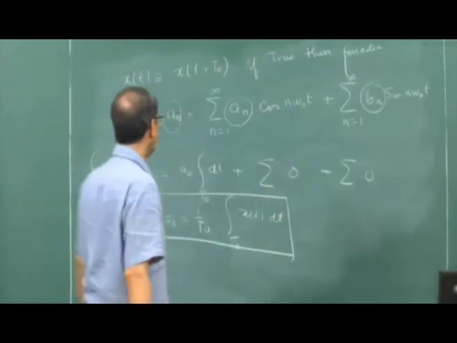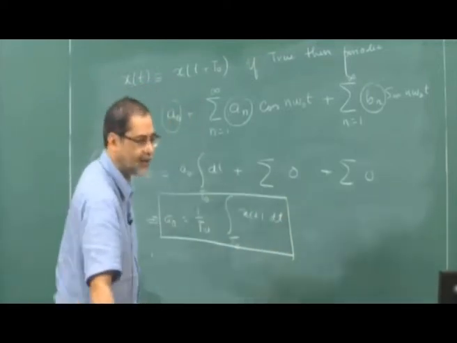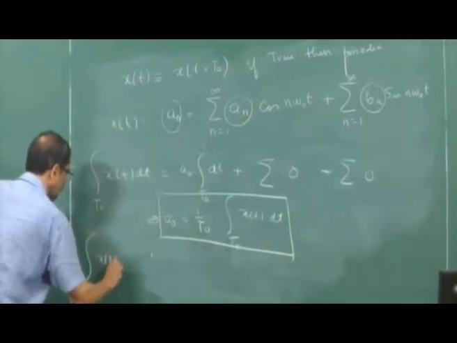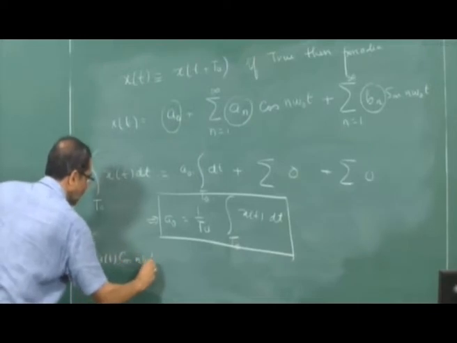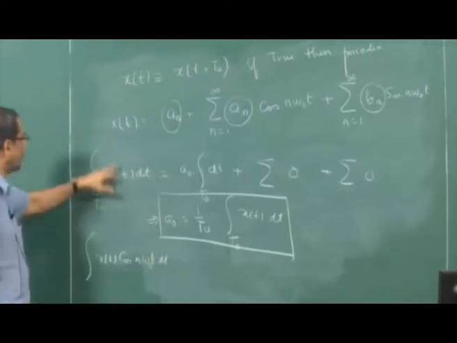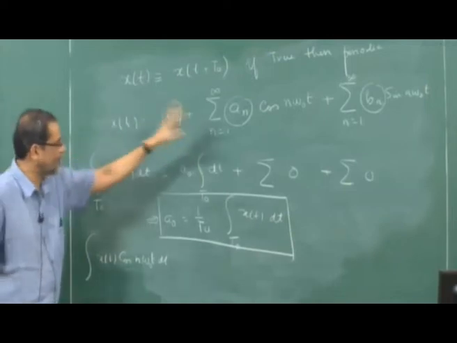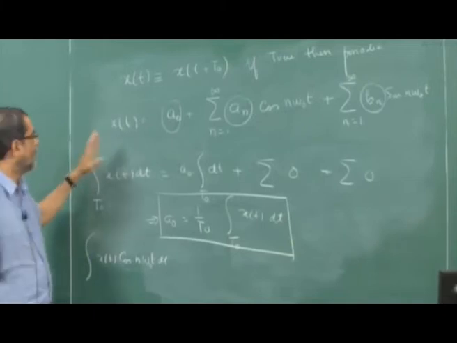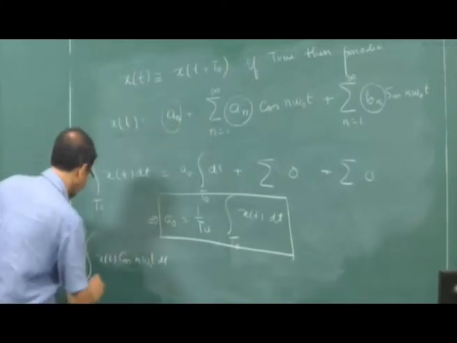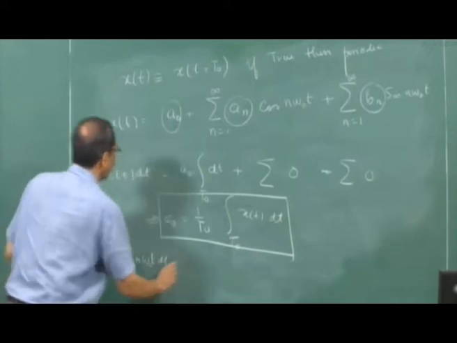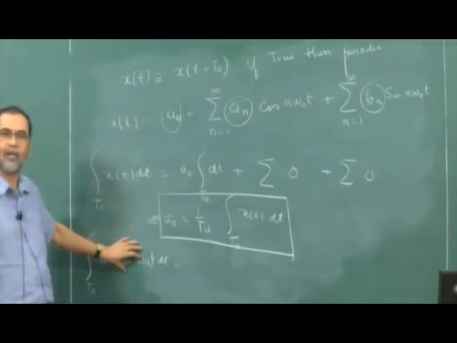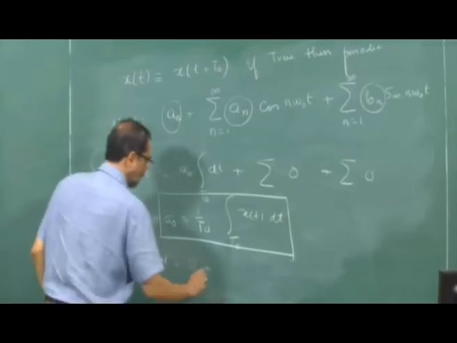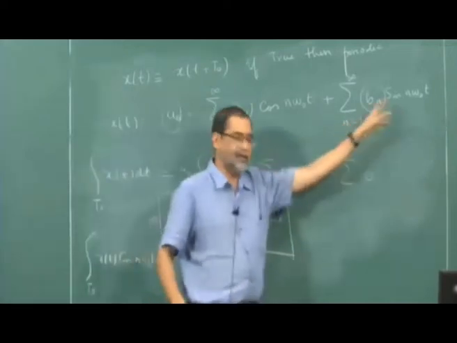That is the first value, how you compute a naught. Second value: now you carry out x of t cos(n omega naught t) dt. So you take x of t, multiply both sides by cos(n omega naught t) and integrate over a period. This will be a naught into cos(n omega naught t). By the properties I described before, this will integrate to 0. Cosine and sine integrate to 0.